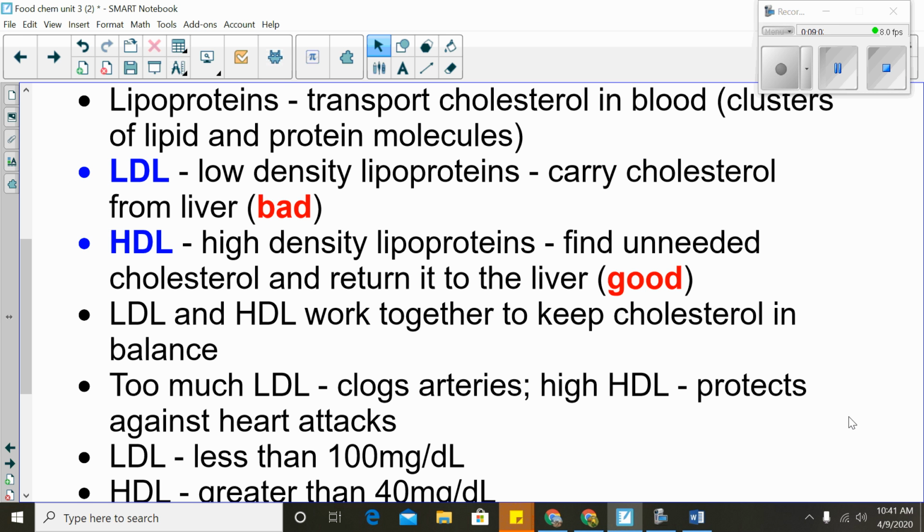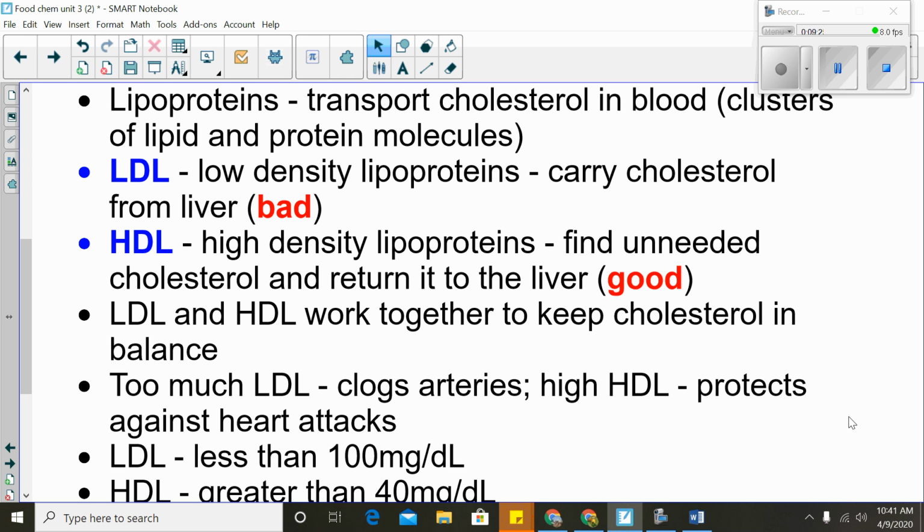These are carried from the liver, and it's just your basic level of cholesterol in the body. Your HDL is your high density lipoprotein, which finds unneeded cholesterol and takes it back to the liver, out of your bloodstream. So this is considered the good cholesterol.